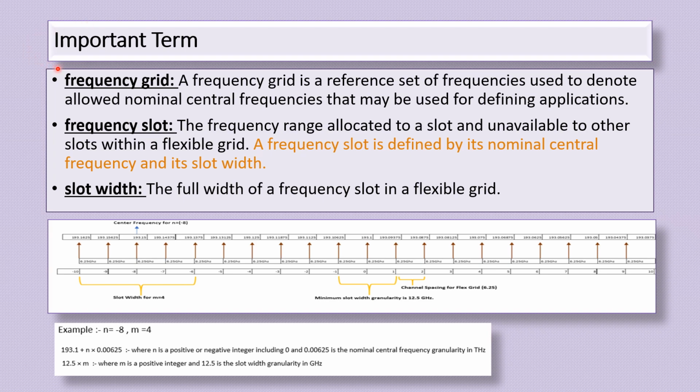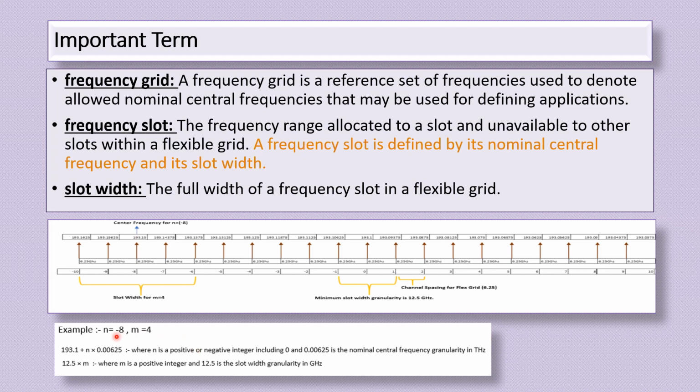Before going into details, we need to know some important points like frequency grid, frequency slot, and slot width. This is the diagram I use to explain this. In this formula, by keeping n equal to -8 and m equal to 4, we get this frequency slot width and this frequency.